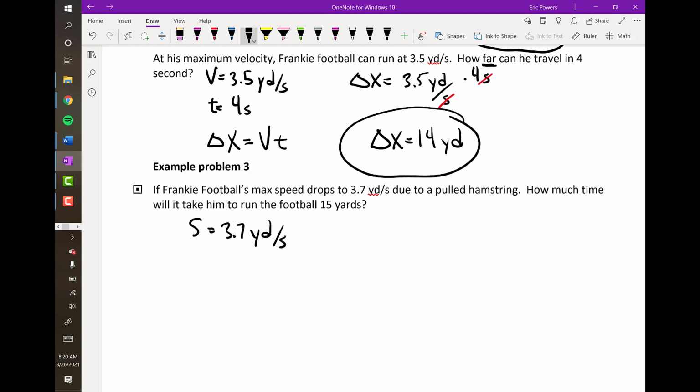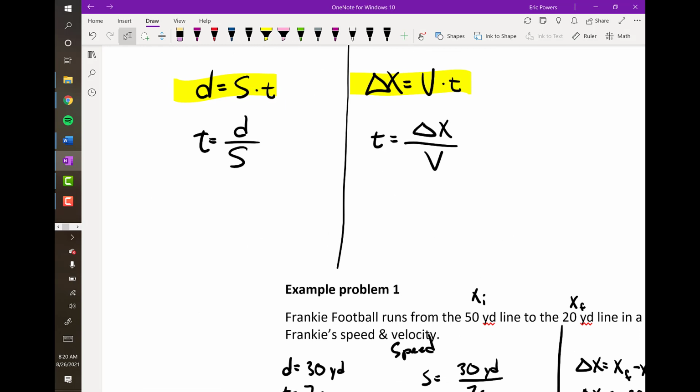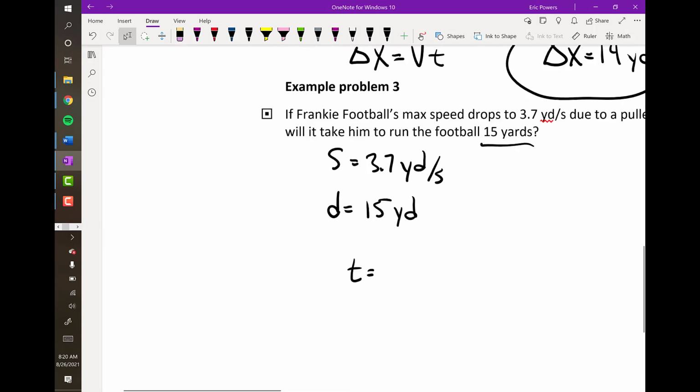Well, we're talking speed, so this here has to be a distance. Right? It's asking for how much time. So that means the equation I'm going to need is t equals, well, I've got 2 times, but the only one that deals with speed and distance is time equals distance over speed.